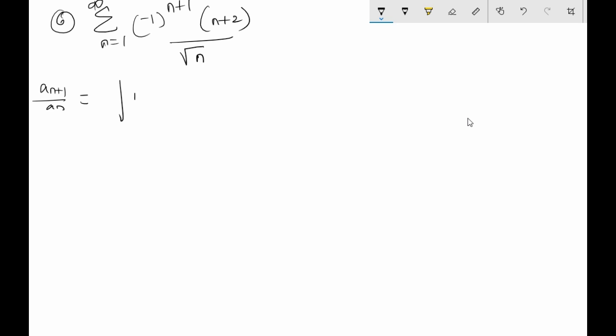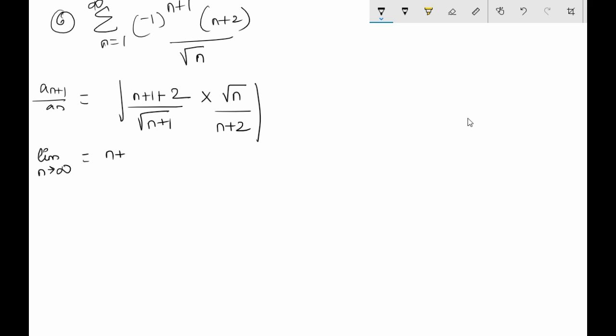Hence (n+1+2) divided by root of (n+1), into root of n divided by (n+2). So the limit as n tends to infinity is (n+3) by (n+2) into under root of n by under root of (n+1).